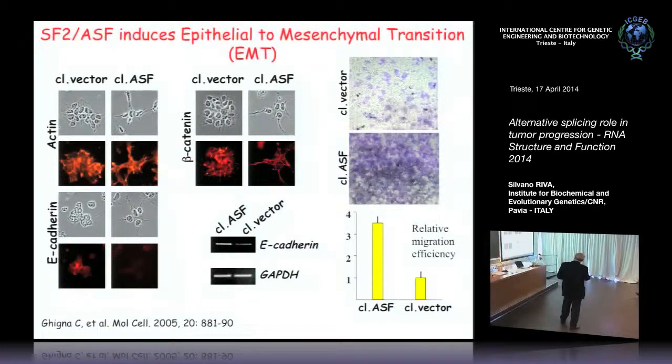This is called EMT, epithelium to mesenchymal transition. And there are several indications and markers of this event. For example, you see the actin is rearranged. E-cadherin, which is an adhering protein, is much decreased if you overexpress SF2, here called ASF.